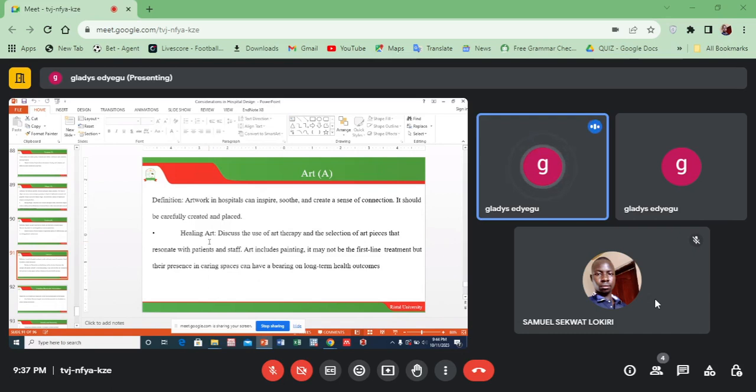The spaces matter. It may not be the first line treatment, but its presence in caring spaces can have a bearing on long-term health outcomes. There are different things that people look at when they come to your hospital. The way you paint, the colors that you use, the design, all that contributes a lot to the outcome of your patients when they come to your hospital.